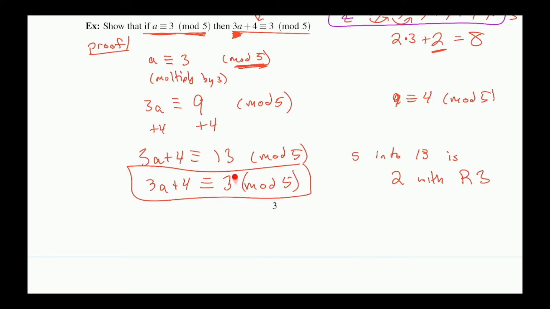If you have any whole numbers, you can actually simplify them mod 5, now that you know what mod 5 means: remainder when you divide by 5. So 5 goes into 13 twice with remainder 3. So 13 is congruent to 3 mod 5. And so that's just to help you hopefully understand what modular arithmetic is trying to talk about.